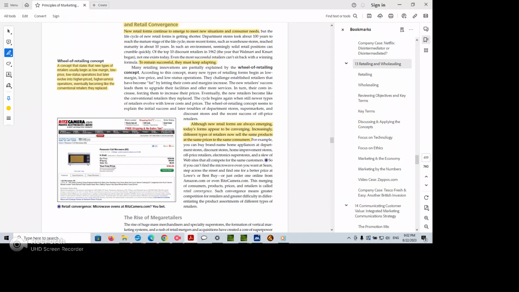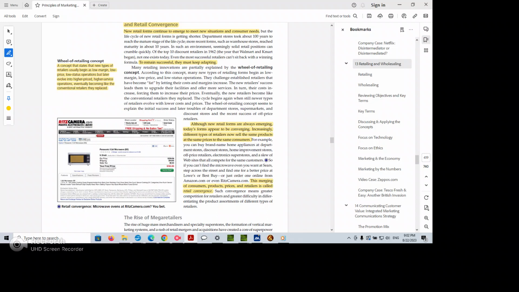So if you can't find a microwave you want at Sears, you step across the street and you find one at a better price at Lowe's or Best Buy, or just order one from Amazon.com or RitzCamera.com. This merging of consumers, products, prices, and retailers is called retail convergence.